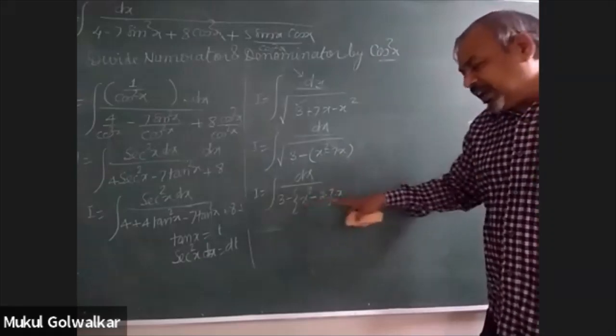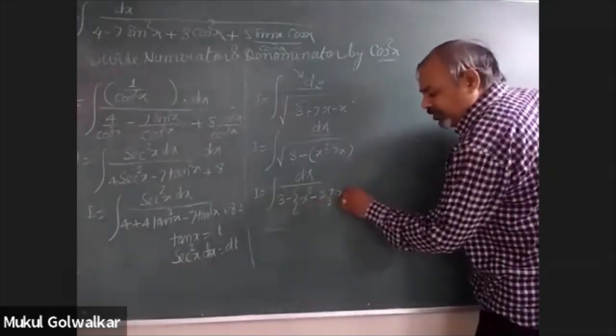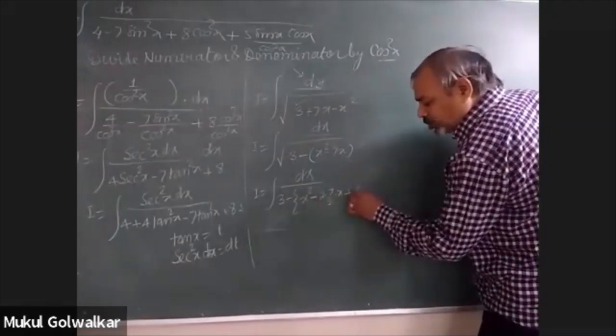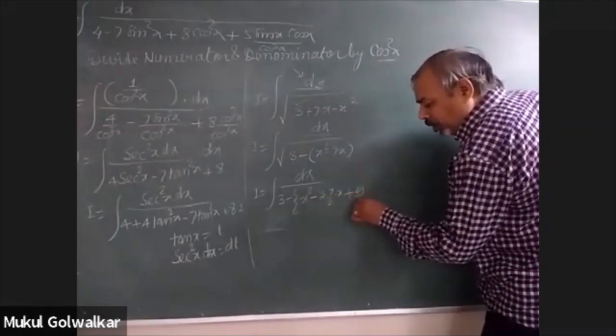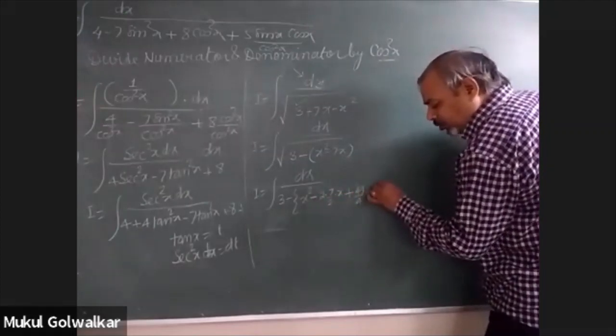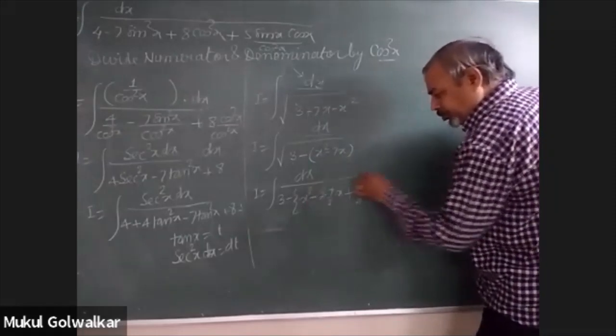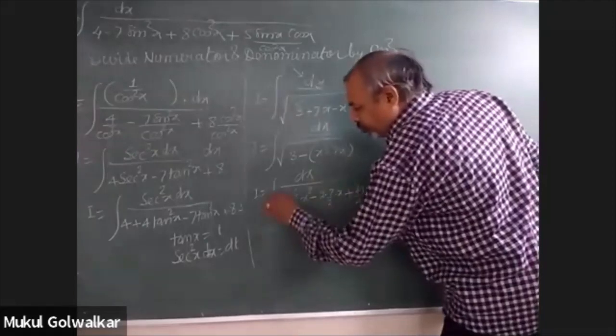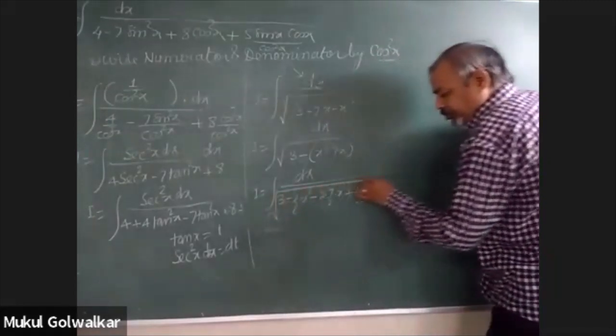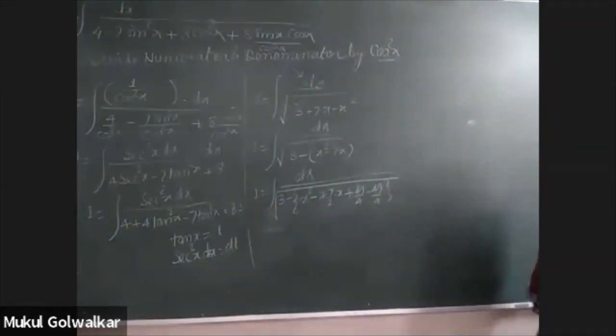That directly gives the value of b equal to 7 by 2 and b square, that means 49 by 4, and subtract b square hereafter. Like this. Is it okay, Atharv, for you understanding that?